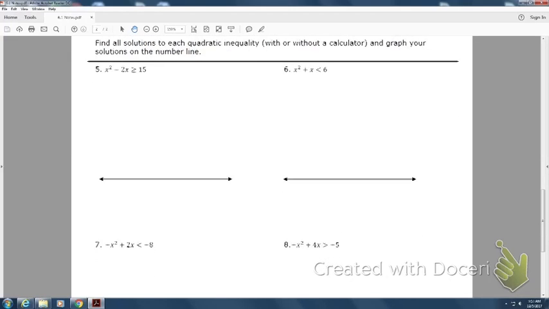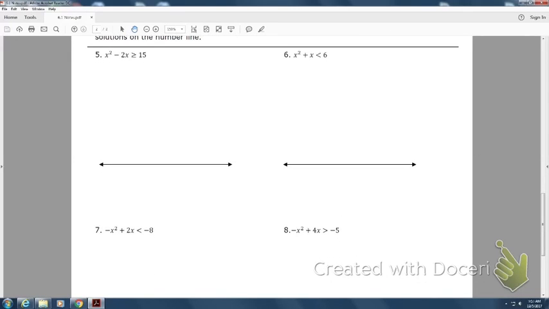So, let's kind of walk through this first one. Before I can factor it, what does the equation have to be? Can I factor something that looks like this? What do I need to do with that 15? Move it to the other side. I've got to set it equal to 0.